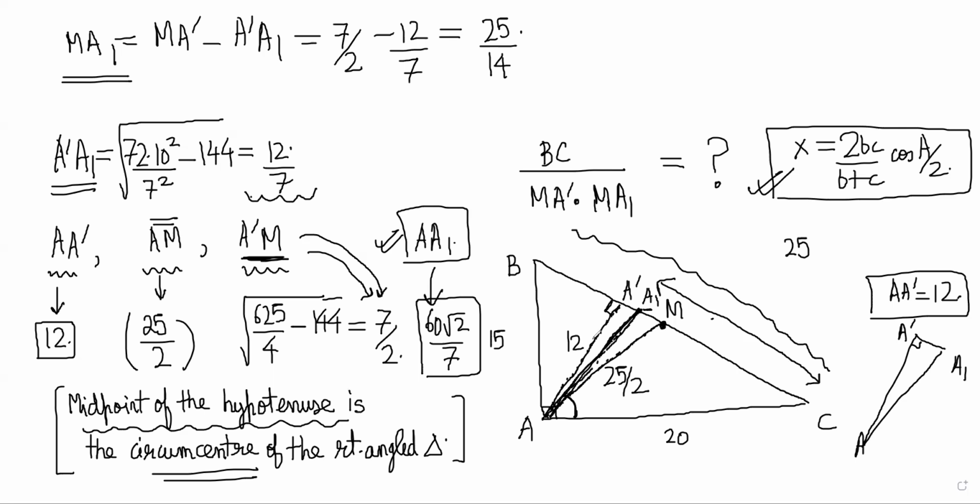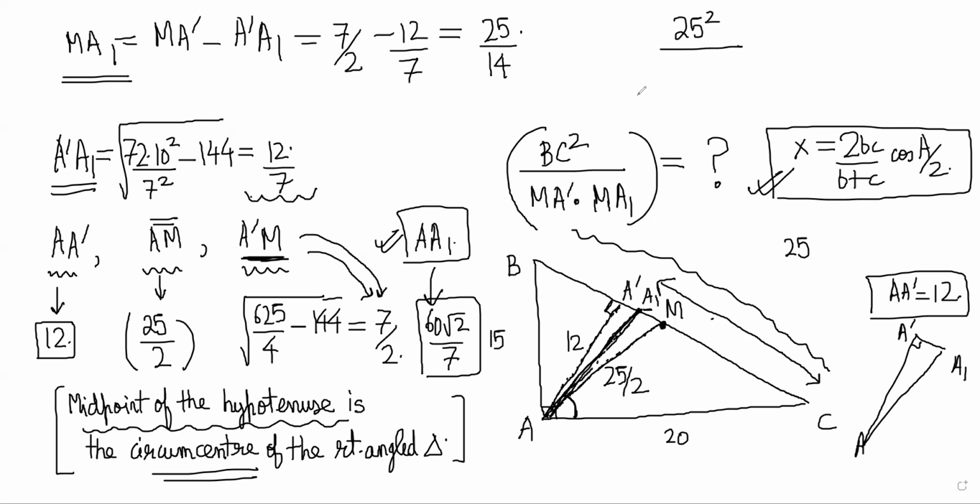I hope everyone is following what we are doing. Like the whole general idea, everyone should get, right? If there is some particular problem that you still don't understand, then please tell me. Finally, we have to find the value of BC square by this. So BC we already know is 25.